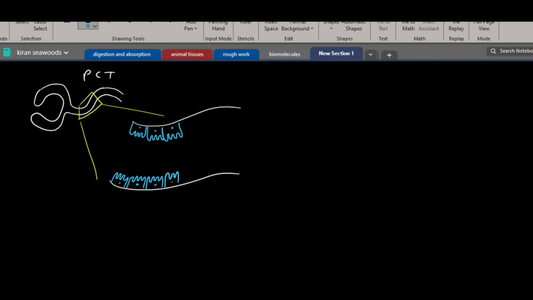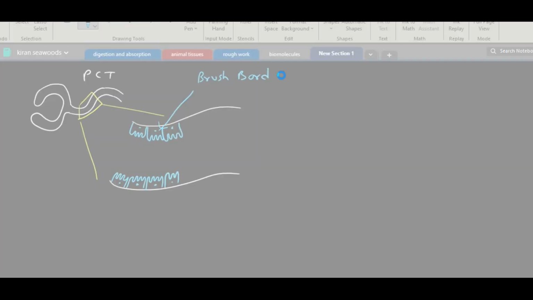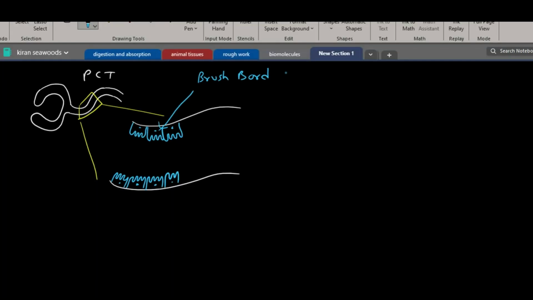So this is the lining of the PCT, and it is lined by brush bordered cuboidal epithelium.